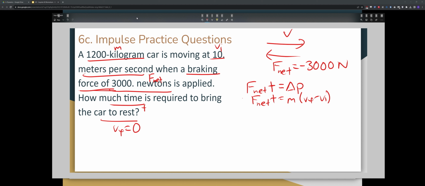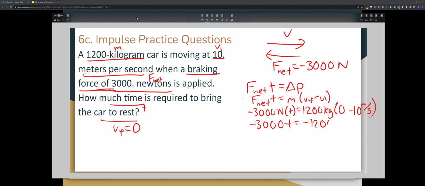So negative 3000 newtons times T, mass is 1200 kg, final velocity is 0 minus 10 meters per second. And then I keep bringing this down. I resolve the right hand side, and then get 4 seconds.